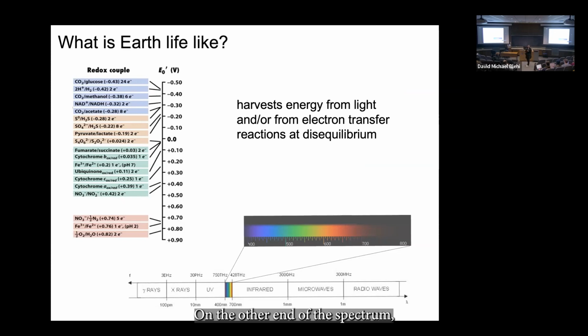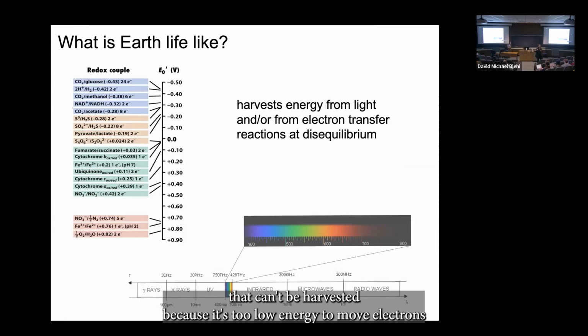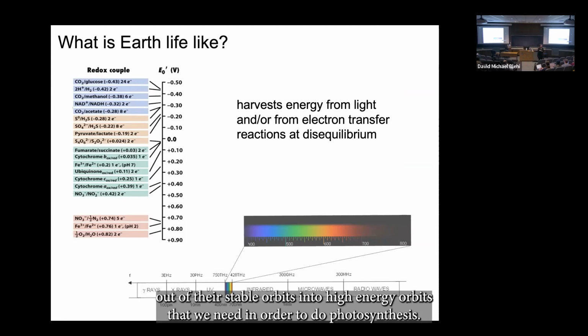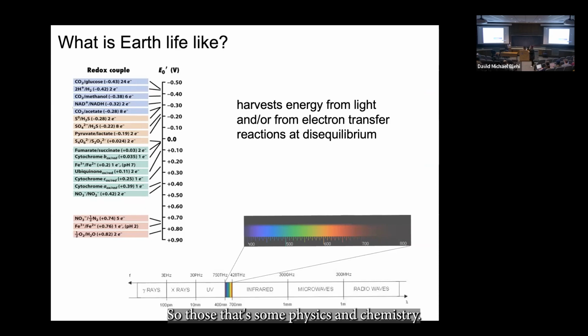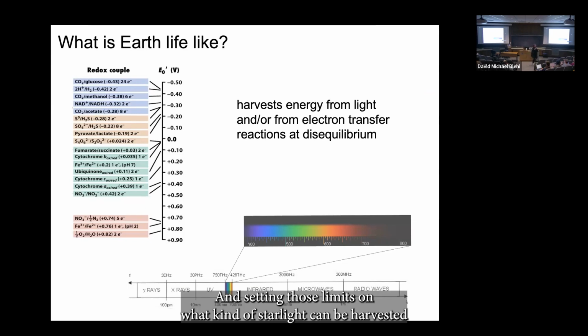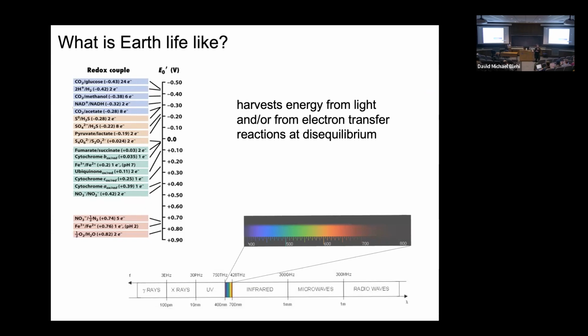On the other end of the spectrum, getting into the infrared, that can't be harvested because it's too low energy to move electrons out of their stable orbits into the high energy orbits that we need in order to do photosynthesis. So that's some physics and chemistry that is setting those limits on what kind of starlight can be harvested by Earth life.